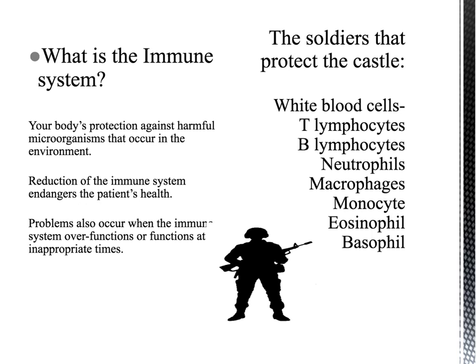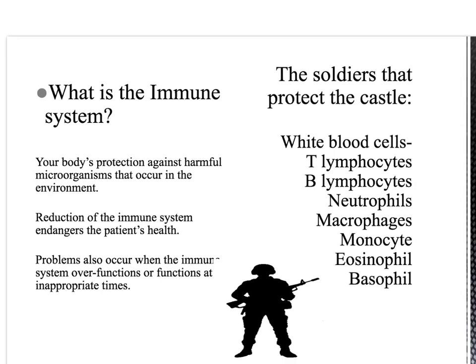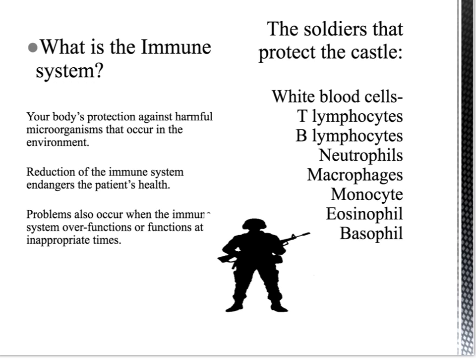Quickly, I'm going to mention the white blood cells. As you can see here, what is listed over here is the differential types of white blood cells. So these are all under the umbrella of white blood cells.